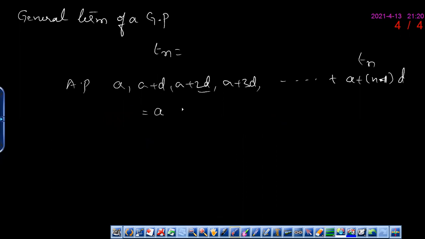First, let us write the series: A r to the power 0, A r power 1, A r square, A r cube, so on. We need to find the nth term. Let us prove it.